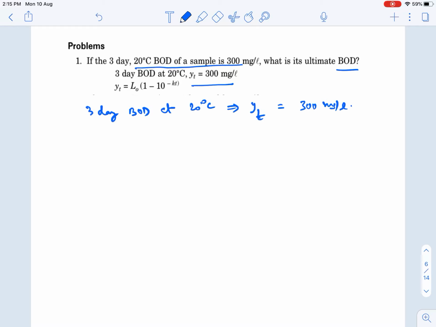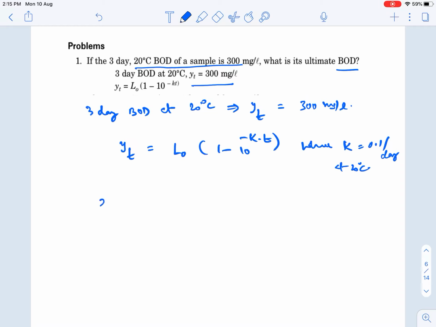What is our formula? BOD exerted is equal to L0 into 1 minus 10 to the power of minus k into t, where k is the deoxygenation constant, 0.1 per day at 20 degrees centigrade.